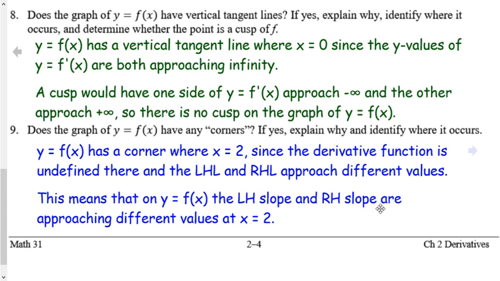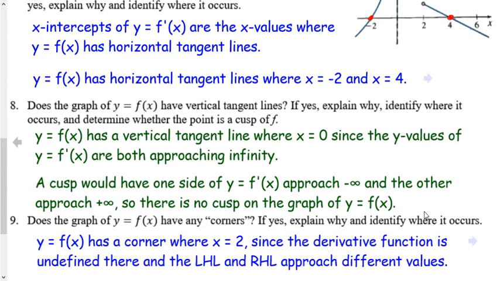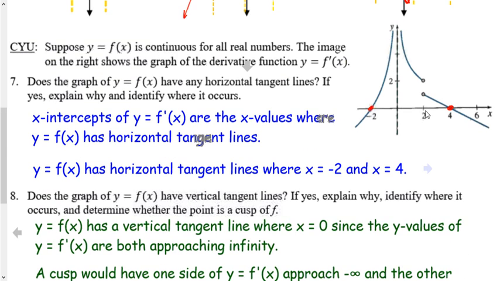So let's think again a little bit about what this might look like at that point. Because I have a really steep positive slope, my original function has a really steep positive slope, but my slope is going to decrease and become less positive. But then all of a sudden at this point, it switches. I don't like what I drew there, so I'm going to back up a little bit and erase. There we go. So imagine my graph is coming down kind of like this. Oh, that's negative. It needs to be positive. No wonder I don't like my graph.